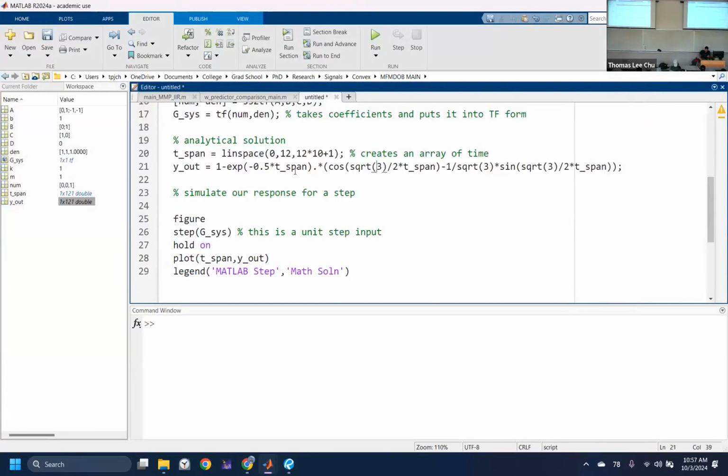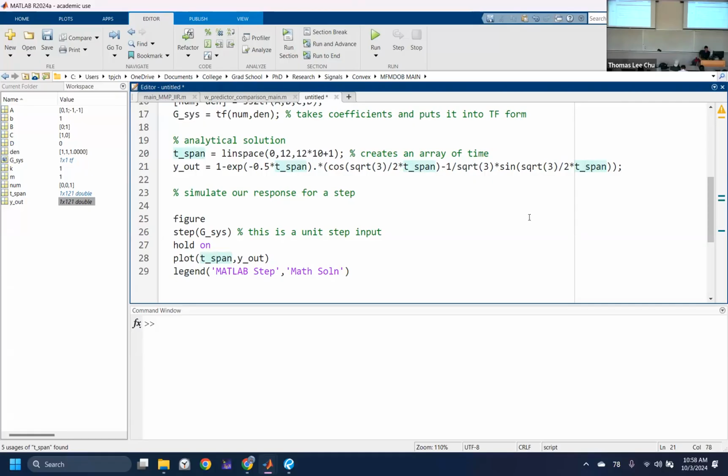Where did I go wrong? Is it the last part? Yeah, it might be missing something right here. Cosine of square root of 3 divided by 2 times t-span, minus 1 over square root of 3 times sine of square root of 3 divided by.